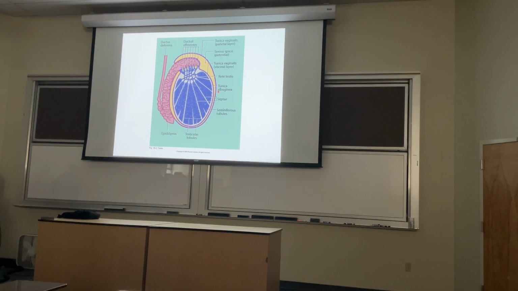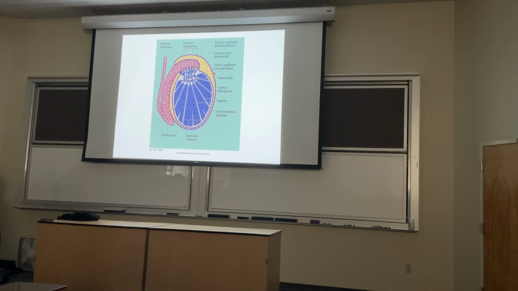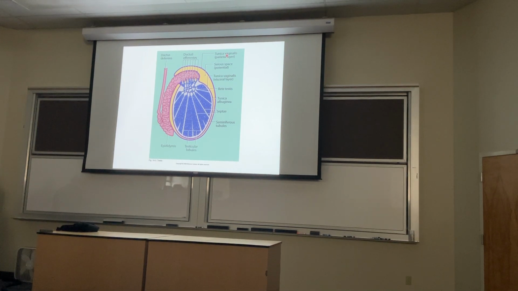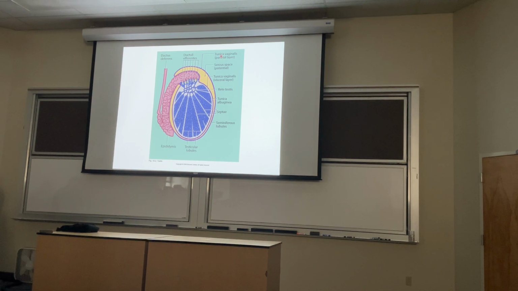This would be the scrotal sac coming around, and we have the so-called tunica vaginalis. This double membrane coat is named for the female reproductive system.